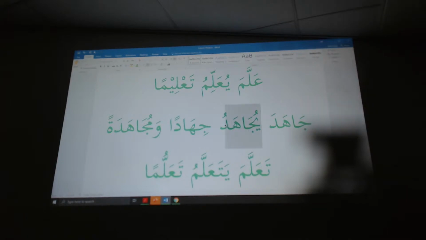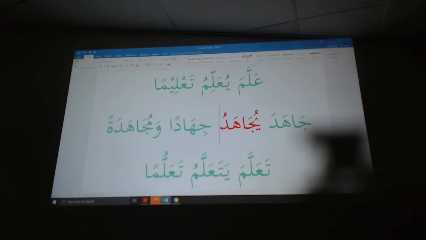Yujahadu. This is what we focused on, right? Let's make it red so you guys can see. So the question is, the fi'l mudari' version, the majhul, how would we say it? So let's go through it. Huwa yujahadu. Everybody focusing. Yujahadu. And it ends in damma because it's a mudari.